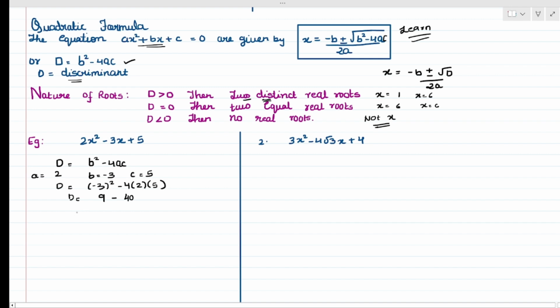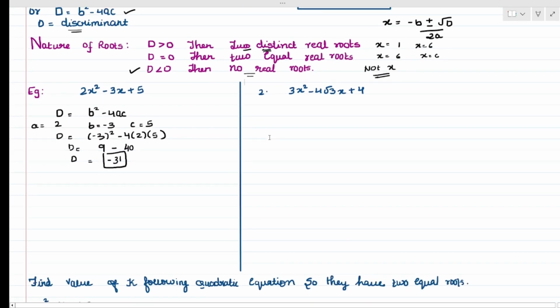Now as you can clearly see over here, I will get my d value in negative. 9 minus 40, that means you will get your answer minus 31, which is in negative format. And as we have seen, if we are getting our d value smaller than 0, that means it will have no real roots. It will not have any kind of real roots.